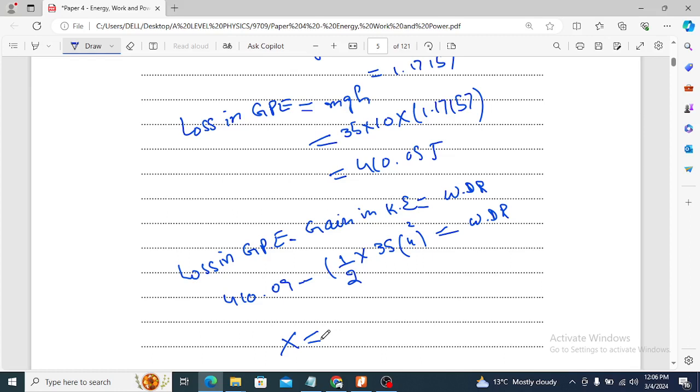So 130 is the difference. This is the work done, and it will be measured in joule.